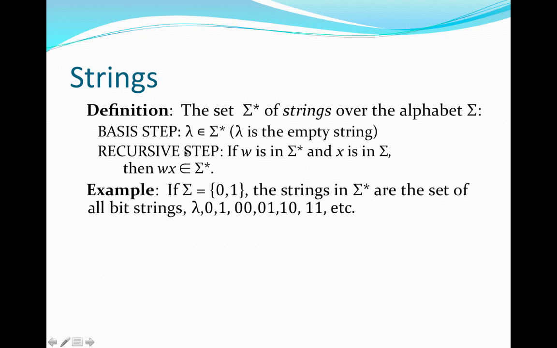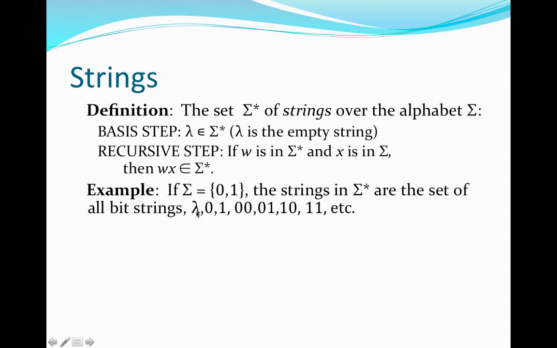We begin by adding the empty string, and then as soon as we have a string, the recursive step tells us that we can add any member of the alphabet to the right side of that string. So we can take our initial string lambda and add either 0 or 1 to the right, as these are both elements of our alphabet.